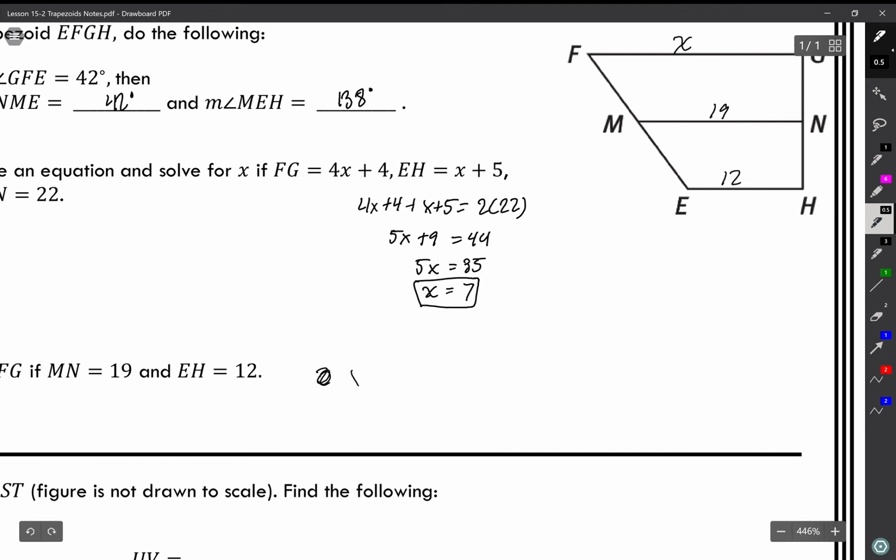I'll say that x plus 12, adding my two bases up, is equal to 2 times the median of 19. So x plus 12 is equal to 38, so x is just equal to 26. That means FG is equal to 26.